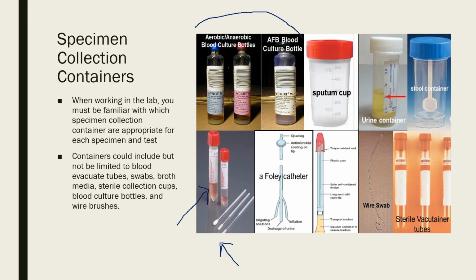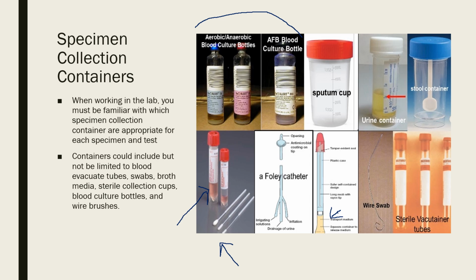specimen swabs. Depending on what you're culturing, you could get a specimen swab, or those specimen swabs may have something in them to help prevent the swab from drying out or from being exposed to oxygen. There are a variety of different collection swabs depending on what you're looking for and what kind of infection you're suspecting.